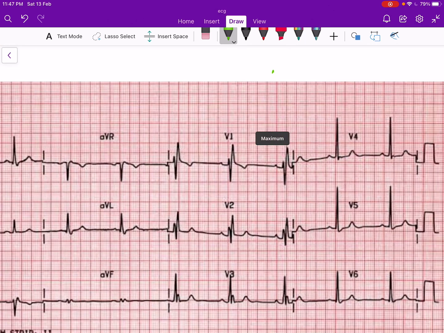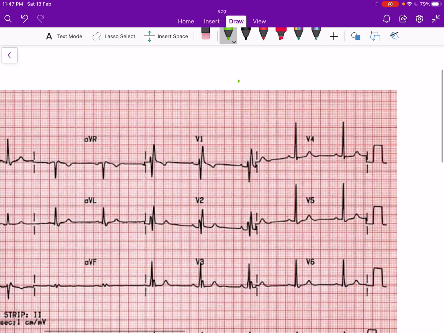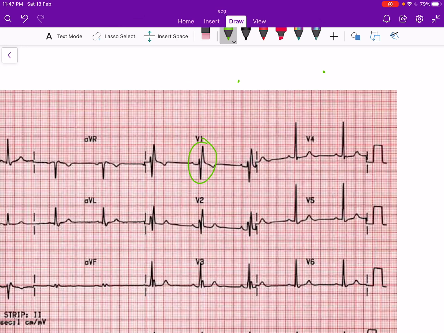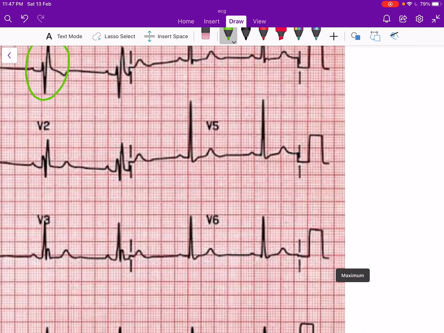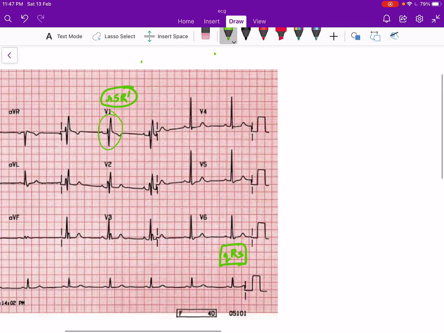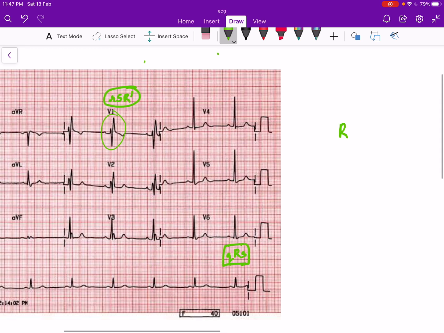Here you can see in lead V1 we have a complex of R, S, R dash, and similarly in lead V6 you have a complex of Q, R, S. So this ECG is suggestive of right bundle branch block.